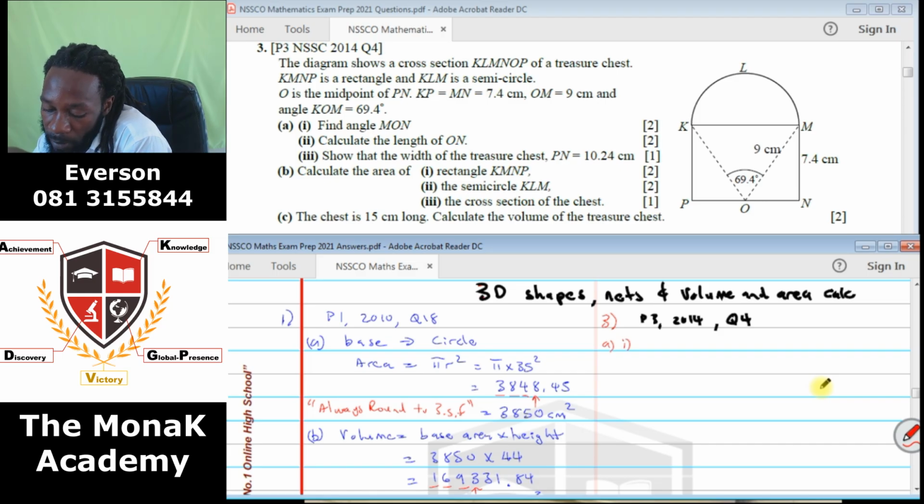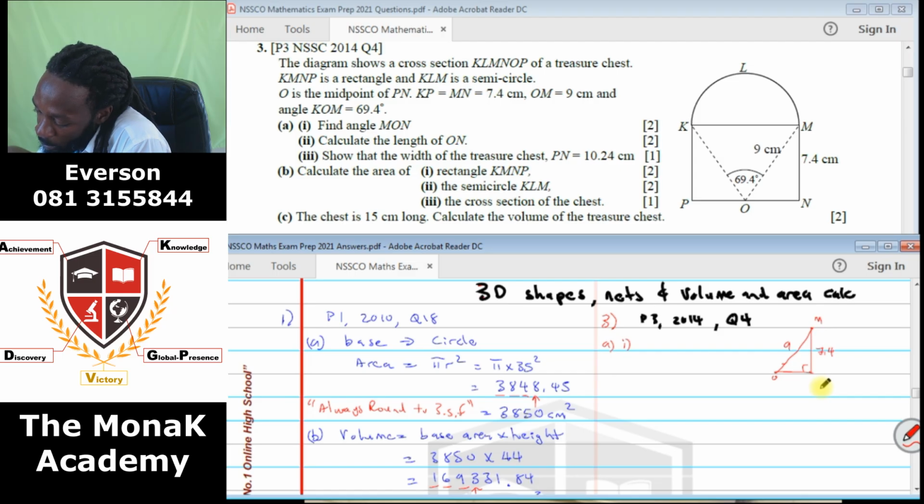Now part A says find angle MON. So we have our O, we have our M, and we have our N. We know this is a right angle, we know this is 7.4, we know this is 9.